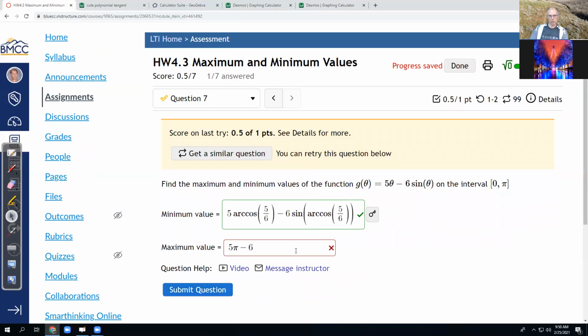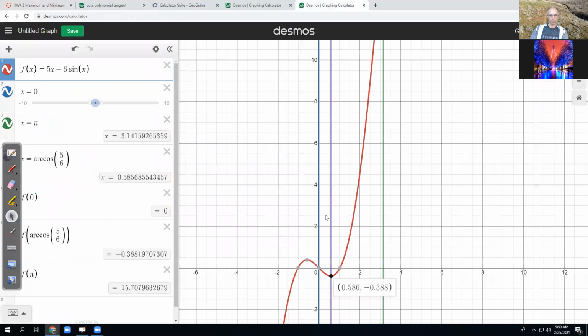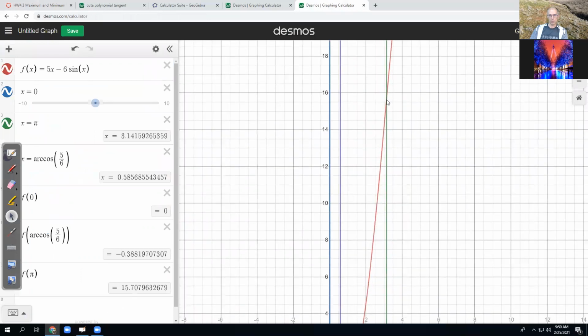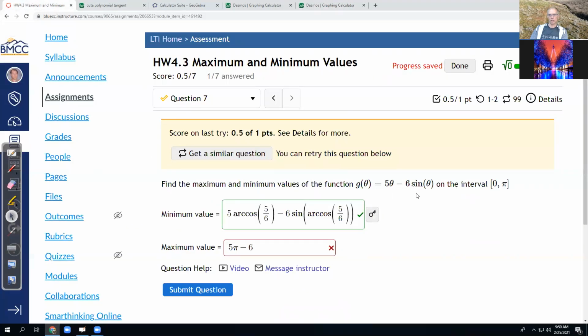But what's wrong with this one? 5 times pi, the max was 0. But 0 is not the highest number. What? The highest number is up here. Oh, here it's saying it's 5 pi. Did I miscalculate? What did I do wrong there?